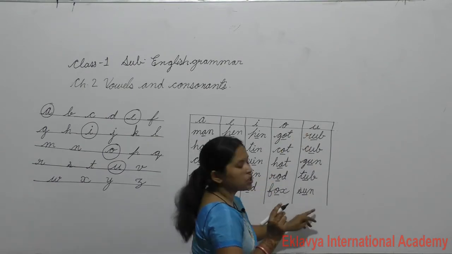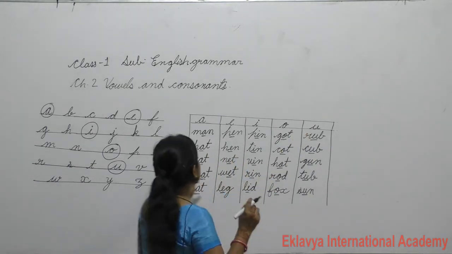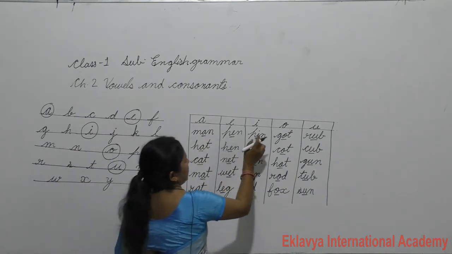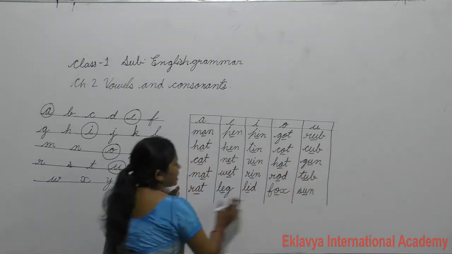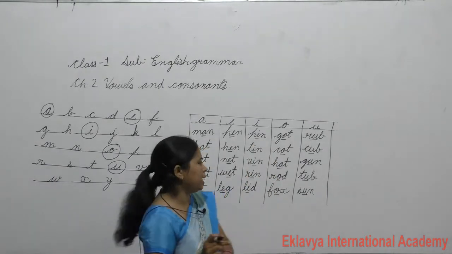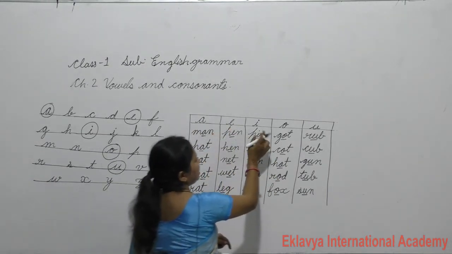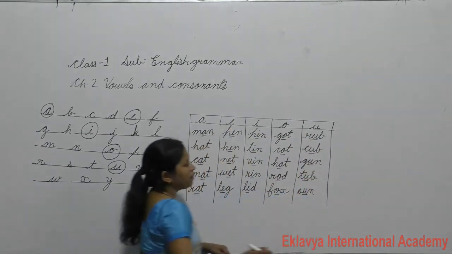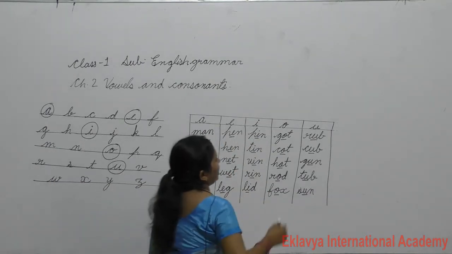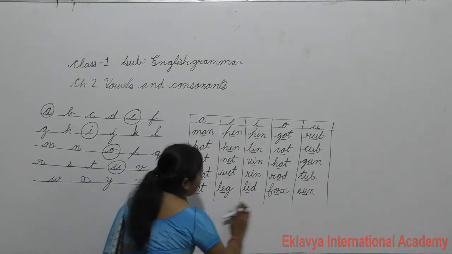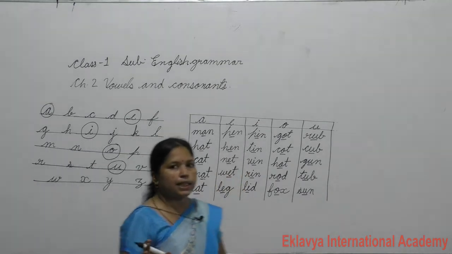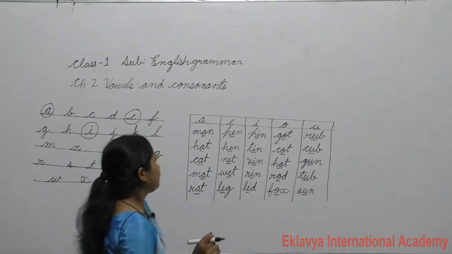Okay, these are U sound words, and these are underlined. A, E, I, O, U: these are sound words, and underline this letter as the vowel. So sound words use vowels. Understand vowels and consonants. The other letters are consonants.